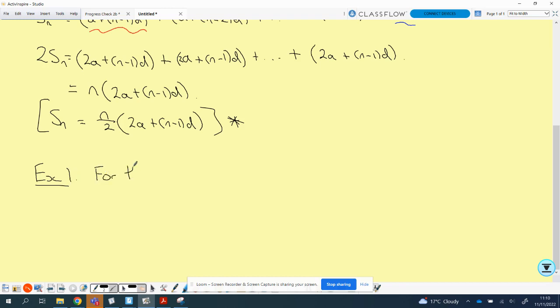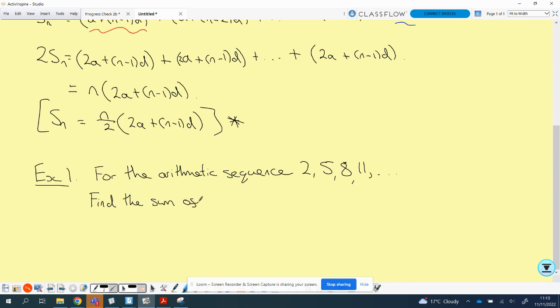For the arithmetic sequence 2, 5, 8, 11, and so on, we want to find the sum of the 15th term to the 35th term.